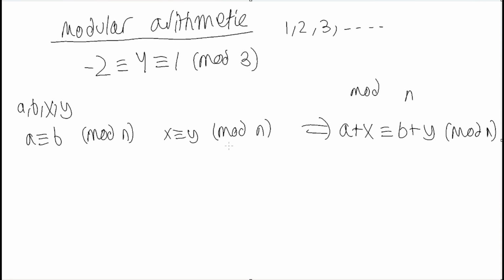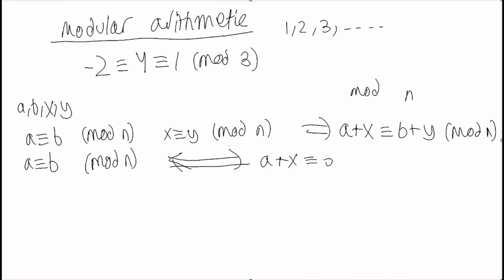It's also consistent in the following way. If a is equivalent to b mod n, this happens if and only if a plus x is equivalent to b plus x mod n. And what do I mean by this double arrow here, if and only if?